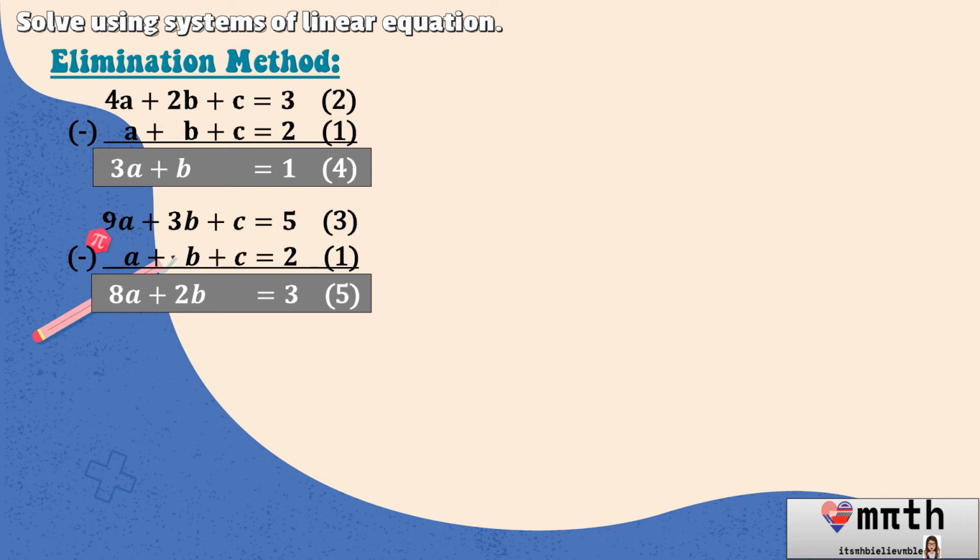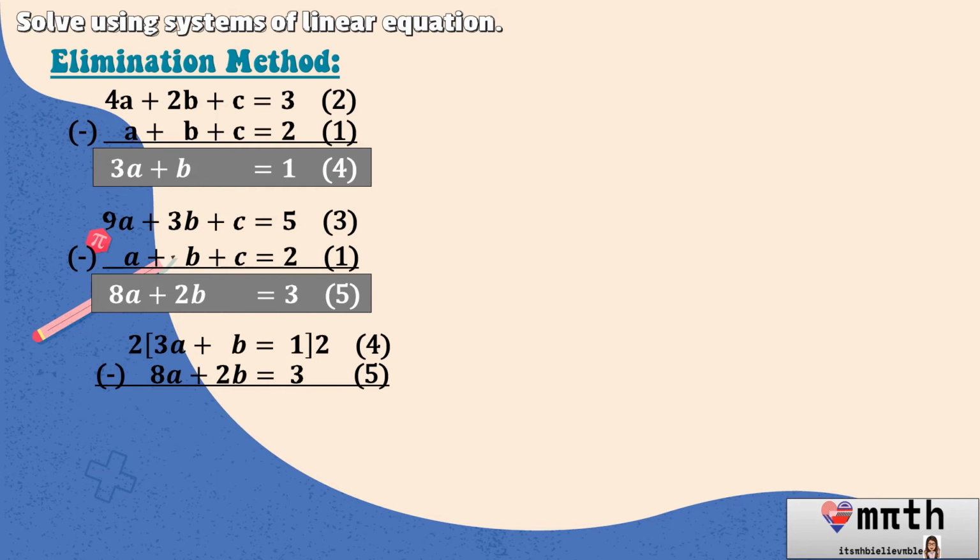Now let us try to use equation number 4 and 5. In order for me to cancel out variables in these equations 4 and 5, I need to multiply 2 on equation number 4.